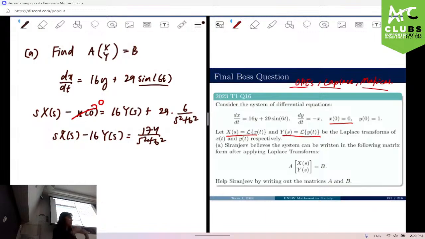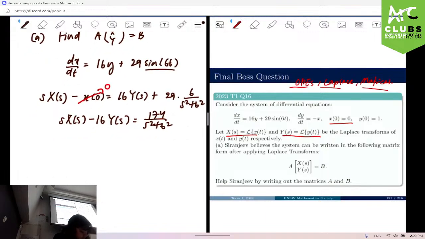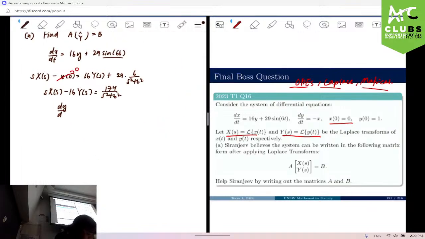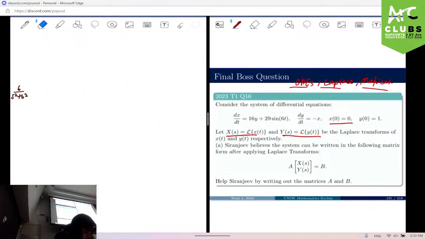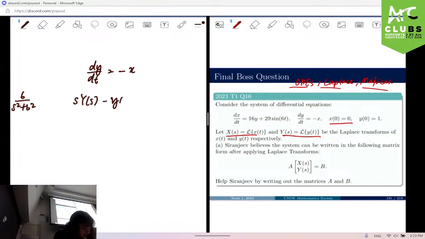So now let's do dy/dt. Using the first order differential equation, sY(s) minus y(0) equals minus X(s).